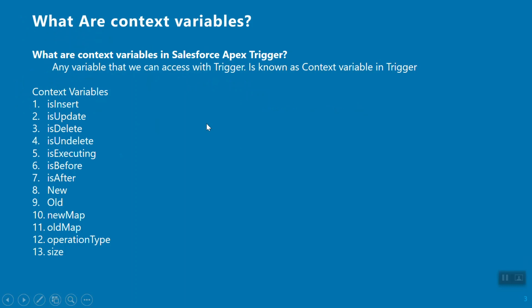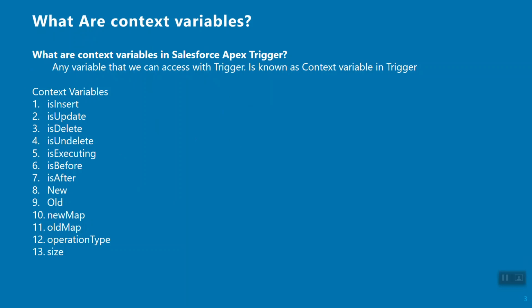So what are context variables in triggers? Every variable that is available in a trigger execution and that we can call with the word trigger dot is known as a context variable.